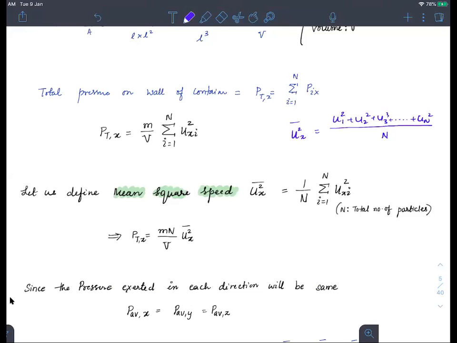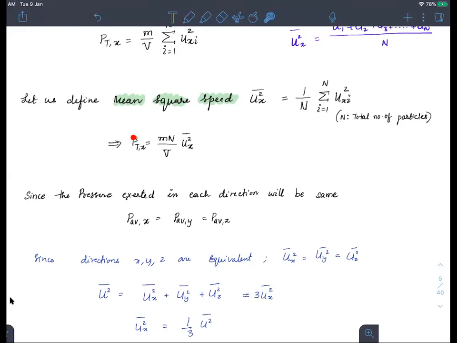So the summation from 1 to n of all of this will be equal to n times u square mean. This entire term I am replacing with n times u square mean.